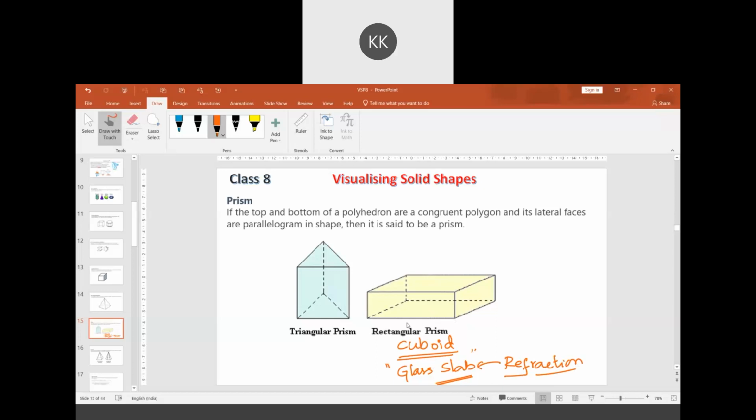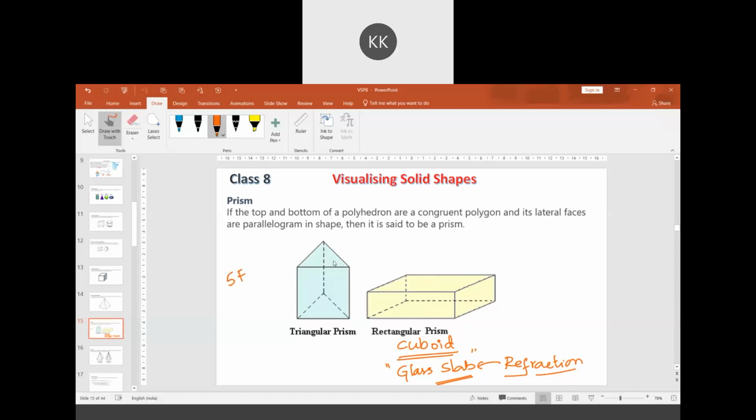You can see the number of faces for this triangular prism. How many faces does it have? 2 bases are there and 3 lateral faces are rectangles. So totally 5 faces are there.